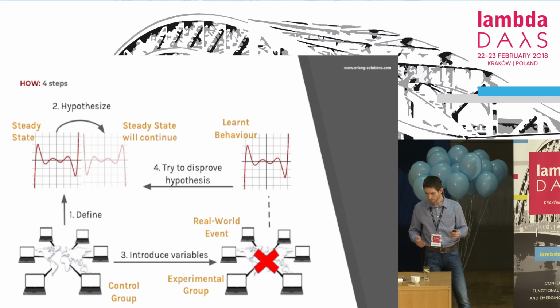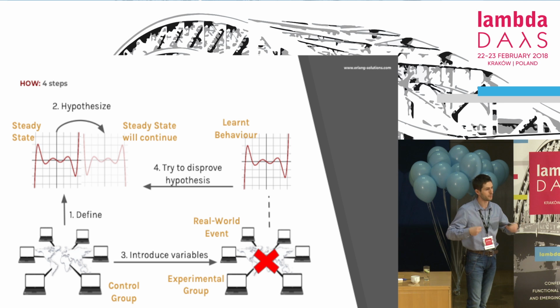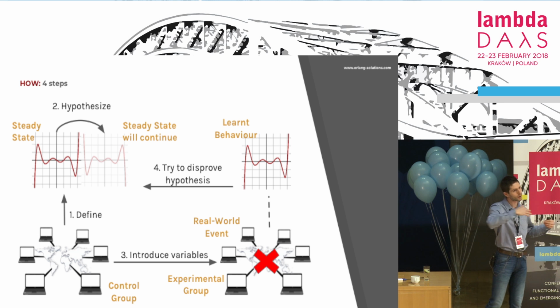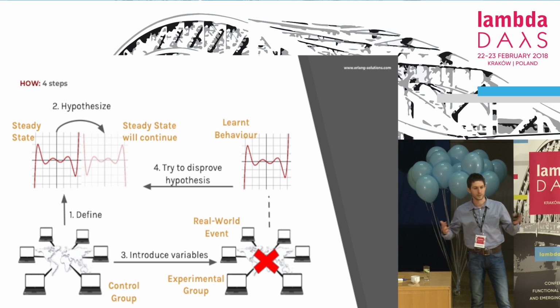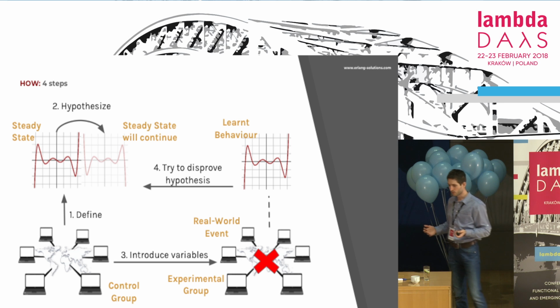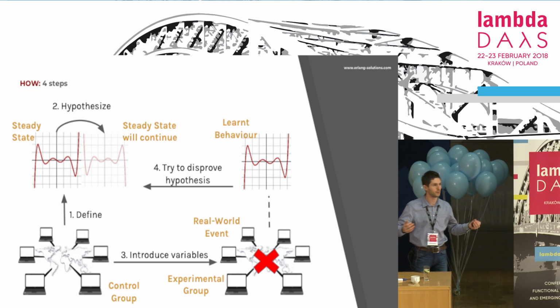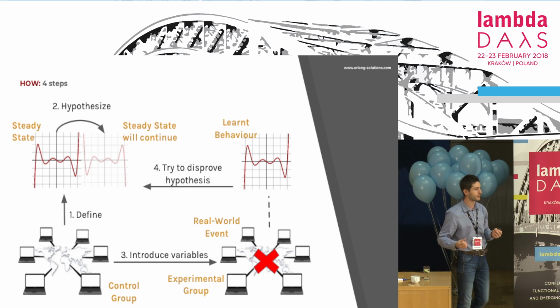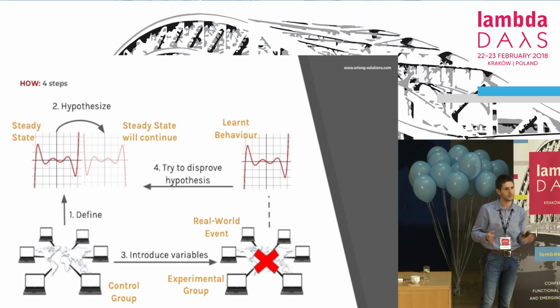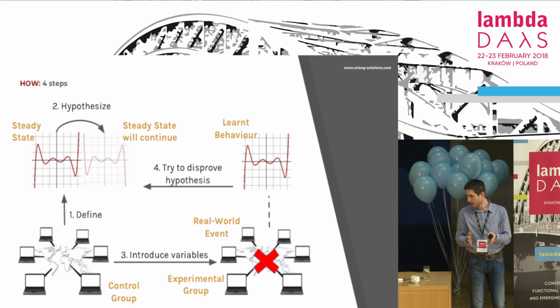Once you have it, you set a hypothesis. You hypothesize that the steady state will continue when you break something in the system. And here's where we have the third step, which is about introducing some variables like real world events, like server crashes, disk failures, and so on.